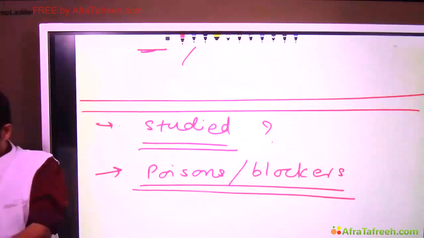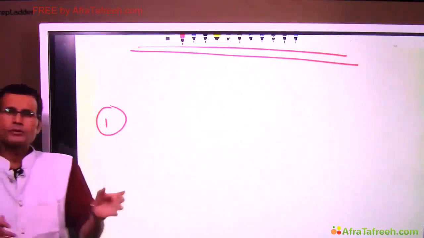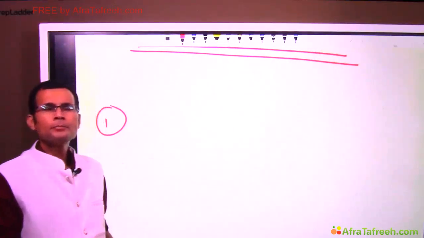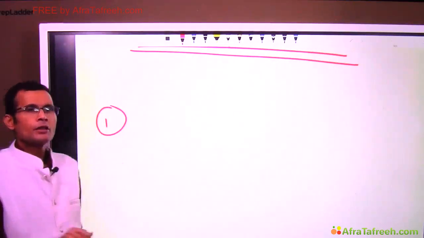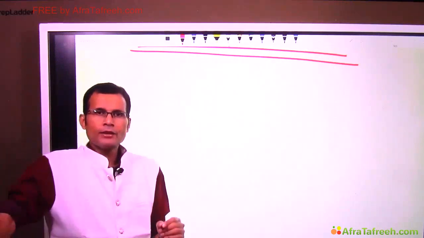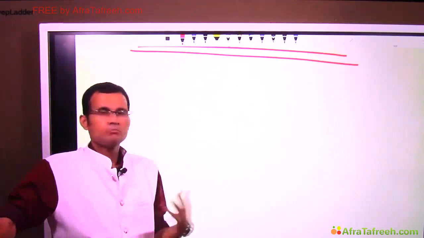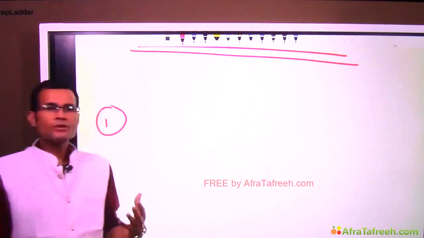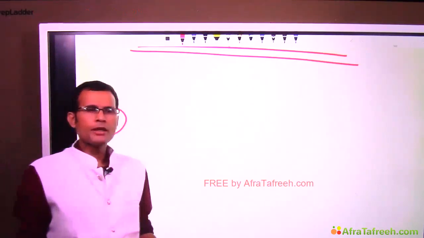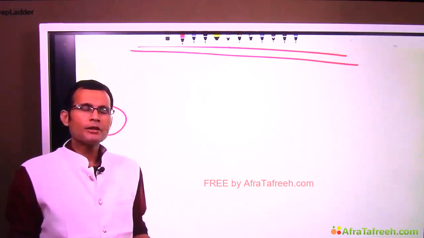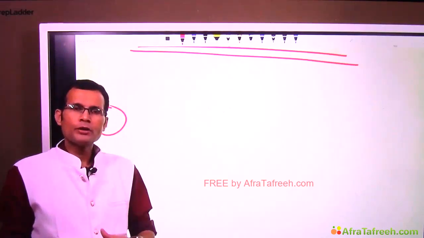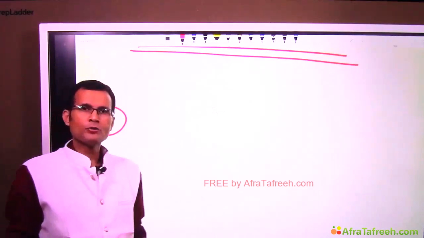First thing, there was actually an MCQ a few years ago. The ionic flux through a single ion channel is studied by what method? The options given were patch clamp technique, voltage clamp technique, a pair of microelectrodes, or cathode ray oscilloscope.